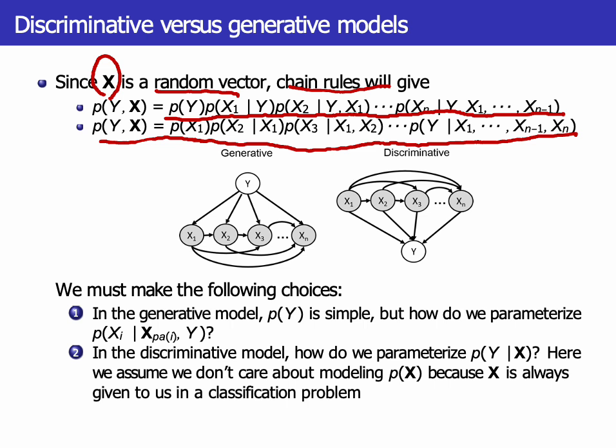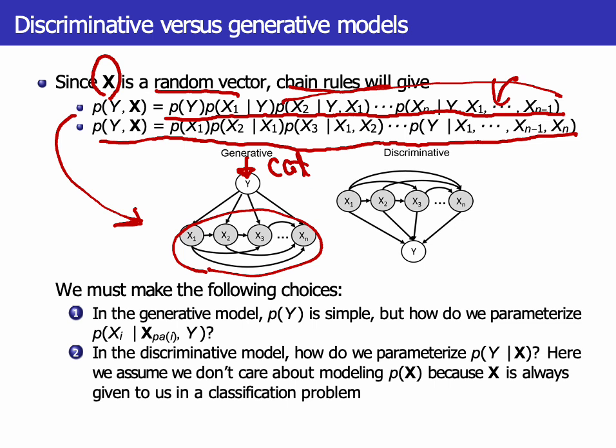So for a generative model, you give the word cat, and you generate image pixels. These are chain ruled here, and also these are chain ruled here. And the discriminative model gives you, from image vectors, whether it is a cat or a dog.